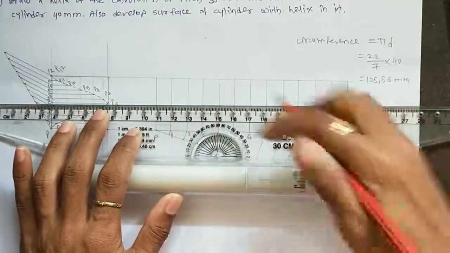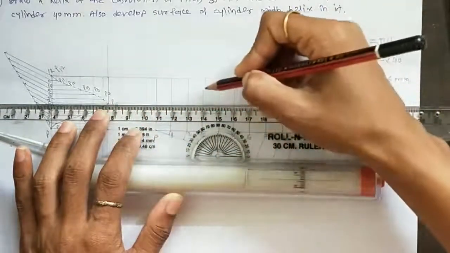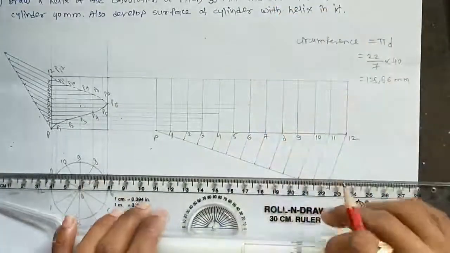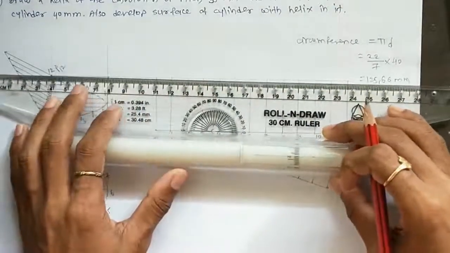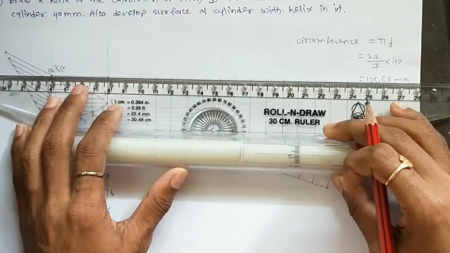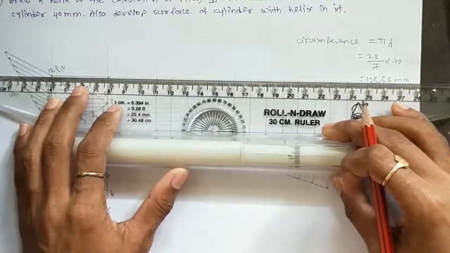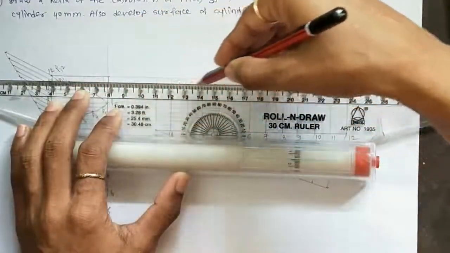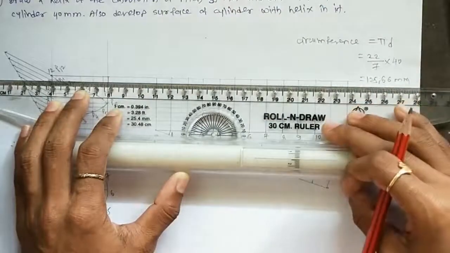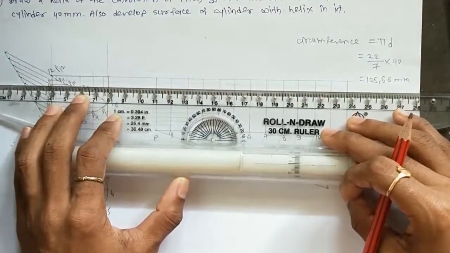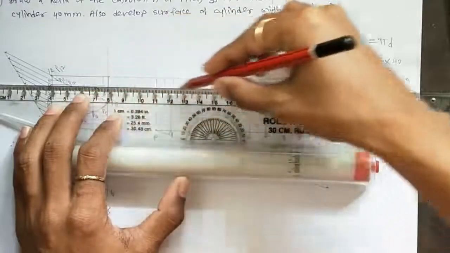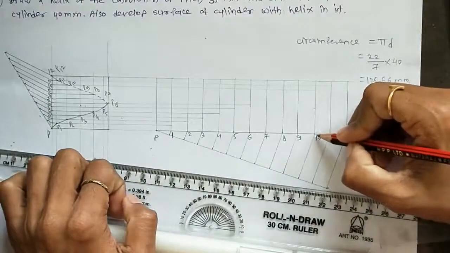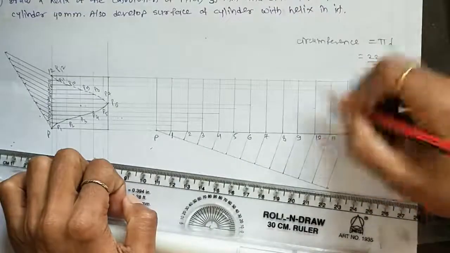So from point P6 take the horizontal line to the vertical line from point 6. You can also take from the upward side. From point P11 take a horizontal line up to point 11. Then from point P10 take a horizontal line up to the vertical line from point 10.